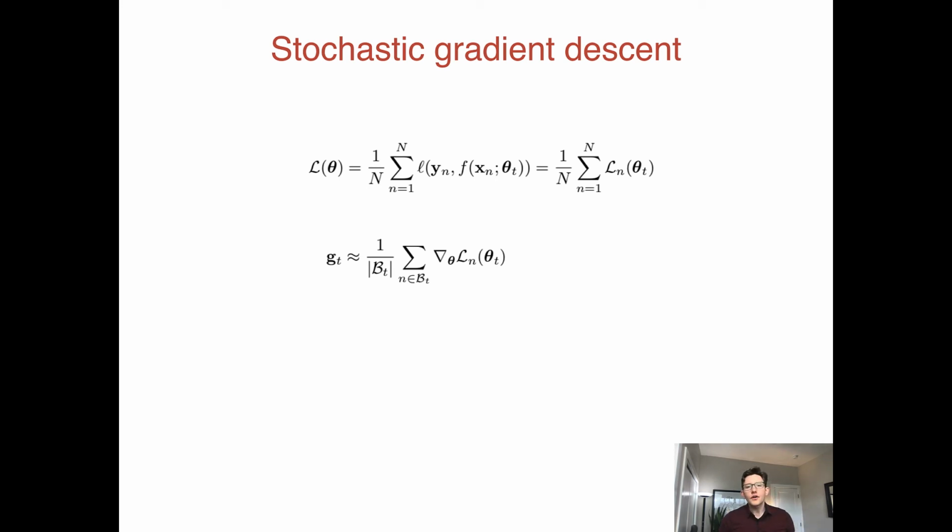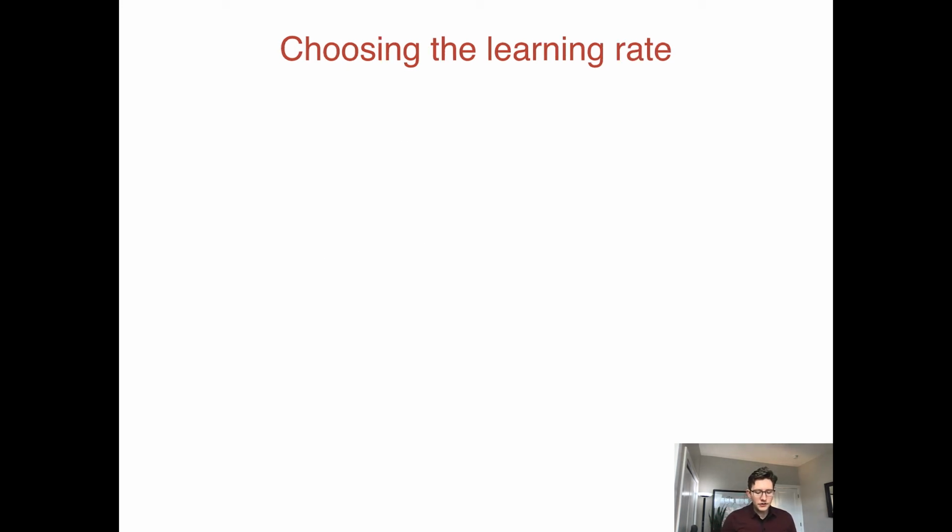Now, there are a couple of wrinkles that you have to deal with when using stochastic gradient descent, even more so than in batch gradient descent. The first is that stochastic gradient descent sometimes doesn't converge in cases where even batch gradient descent would.